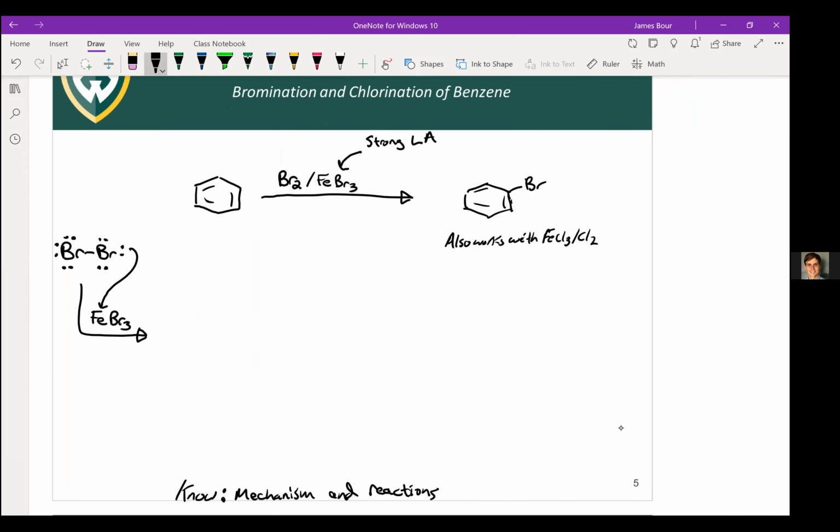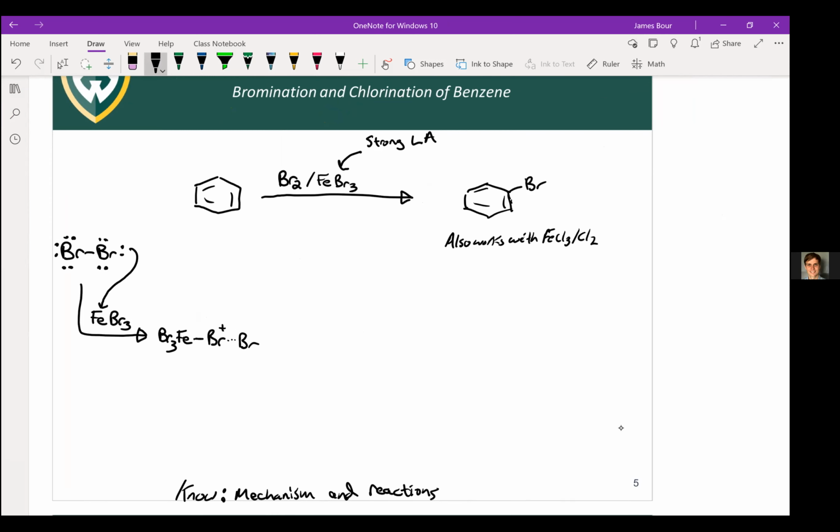So when our electrophile is activating our bromine, we get an arrow that looks like this. And what happens is our iron is a Lewis acid. It's kind of pulling electron density away from our bromine. And we could draw it something like this. You'll see different representations of this in the literature. But basically, the key feature here is that the iron withdraws electrons from the bromine.